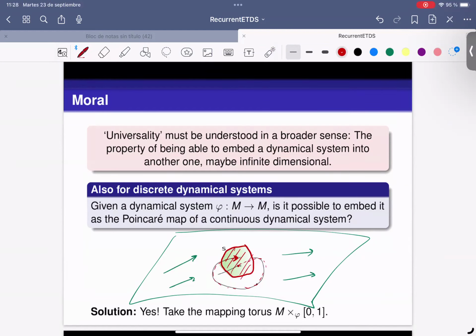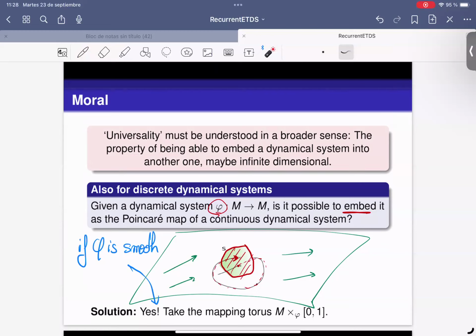Can I embed any dynamical system? Well, the solution is yes, if phi is smooth. Why? Because if phi is smooth, then I can consider the mapping torus and the Poincaré section M times 0, such that the Poincaré return map is literally phi.